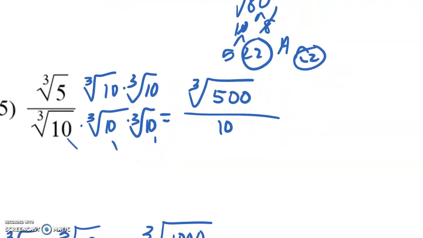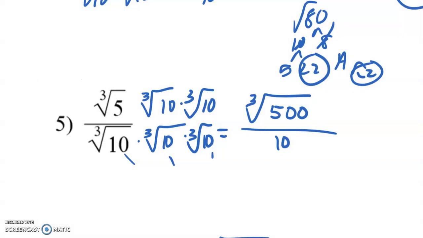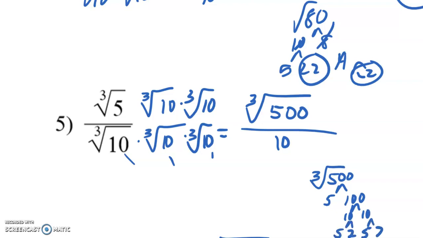Now, of course, we have to check, can you take the cube root of 500? And that's 5, 100, 10, 10, 5, 2, 5, 2. You're going to see that we get 3 5s.